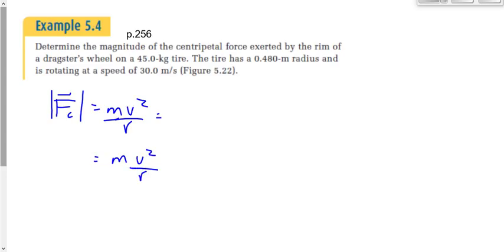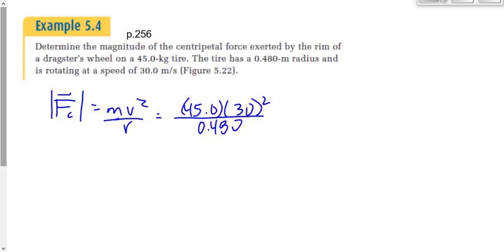Is there a difference? No, mv squared all over r is the same as saying m times v squared over r. So it doesn't matter which way it's written, it gives you the same answer. m is 45.0 kilograms, and v is 30 meters per second. Let's divide that by r, which is 0.480.